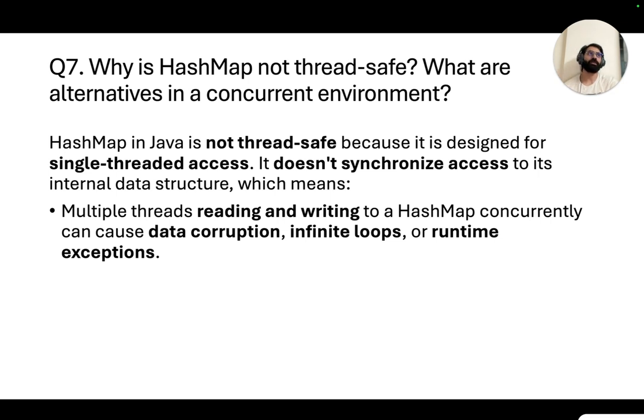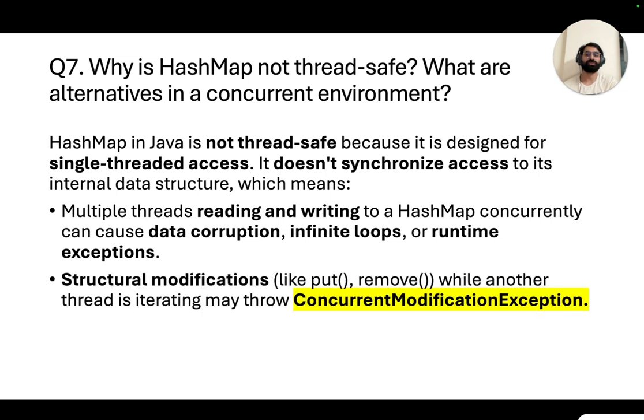Then how to solve this problem? Let's say you have to use a map in a multi-threaded environment, then what collection will you choose? Before that, if you try to use HashMap in a multi-threaded environment, remember that a concurrent modification exception will come. The interviewer may ask what a concurrent modification exception is. It is an exception that comes at runtime when you are using a HashMap in a multi-threaded environment.